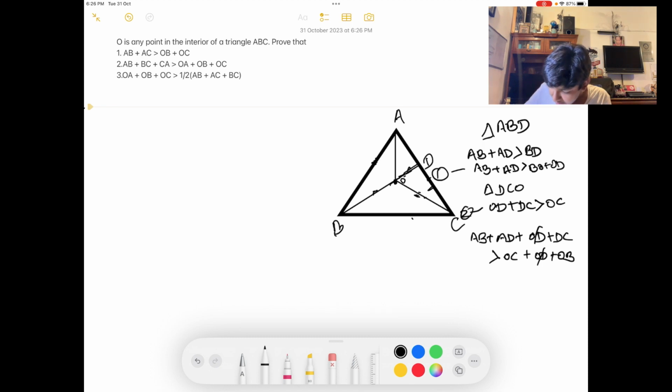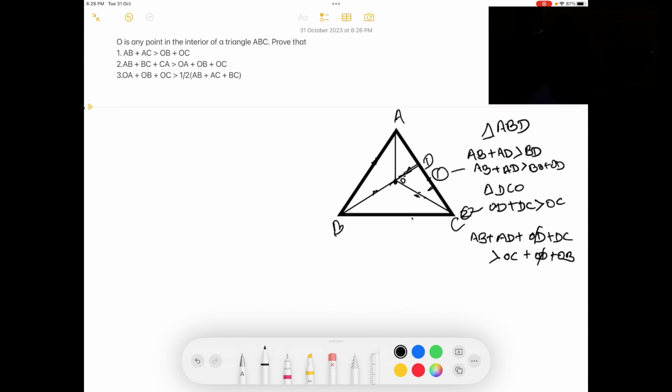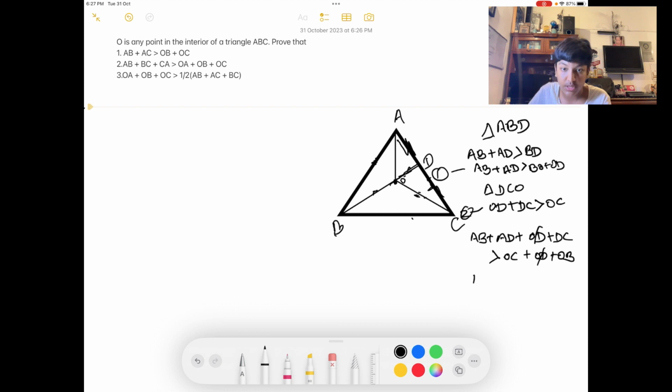And from this we can see that OD and OD are cancelling, and AD plus DC is essentially just AC. So we can say AB plus AC is greater than OC plus OB, and the first part is proved.